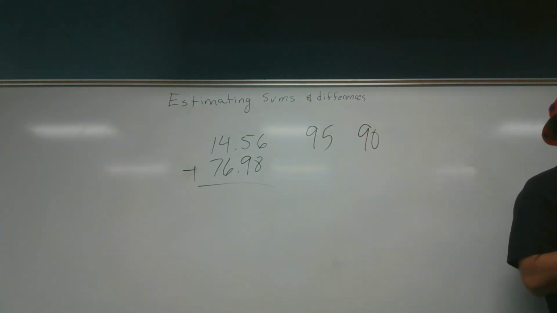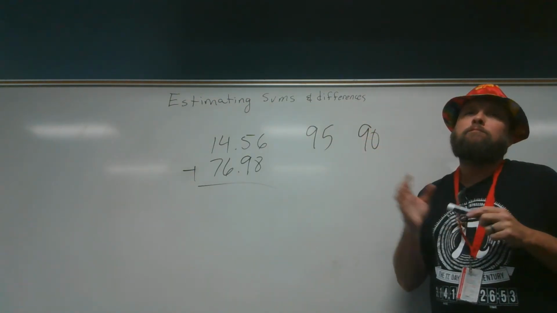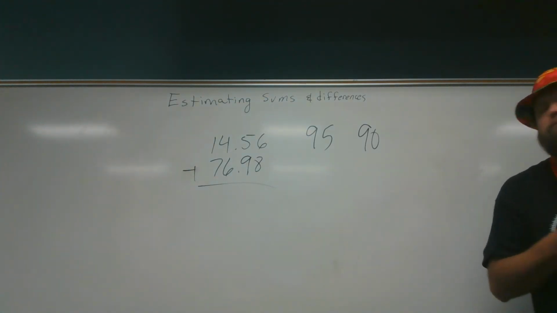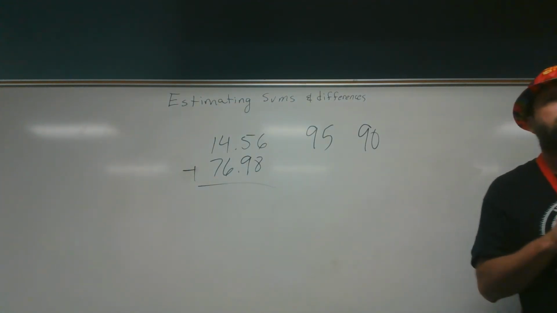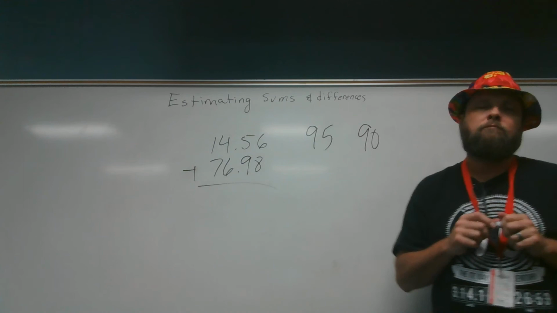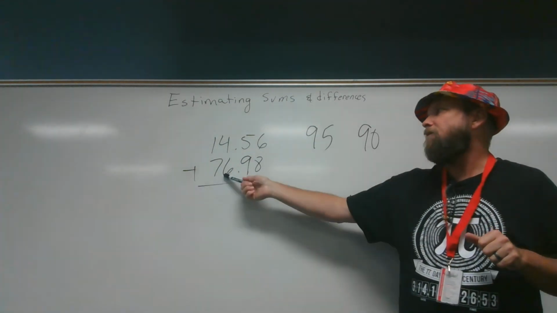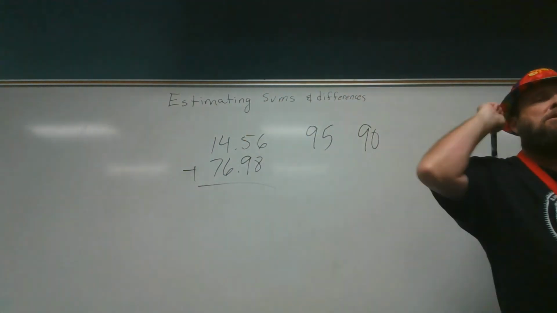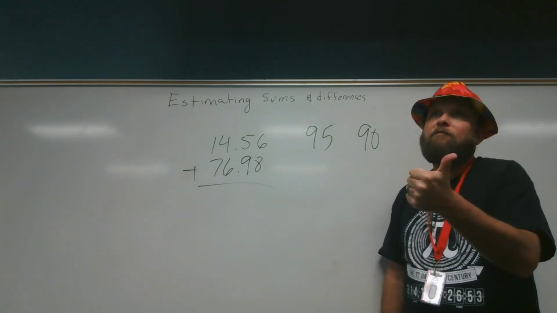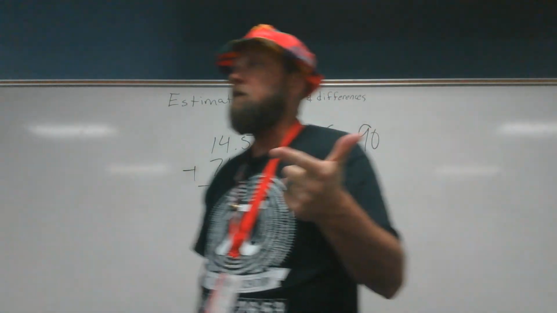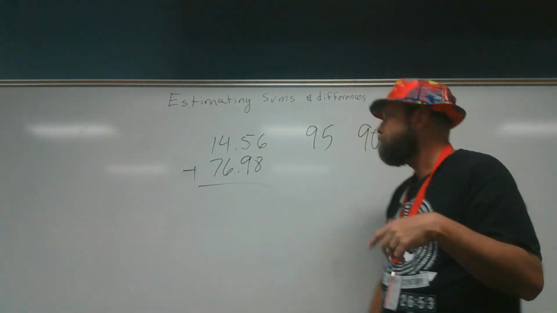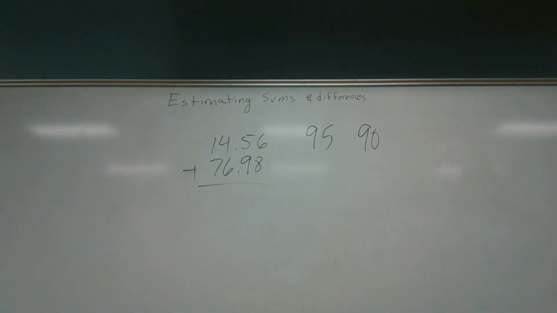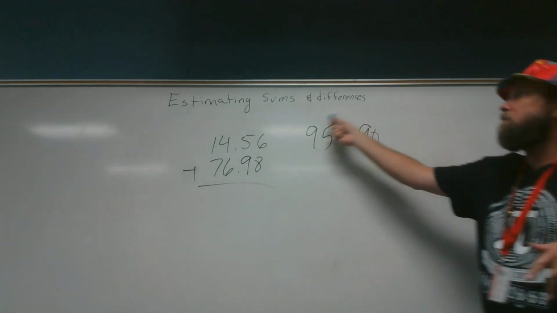Cam? I changed the 76 to 75, and then I changed the 14 to 15, and then I forgot what I got. So you had 75 plus 15, 75, 85 plus 5 more is again 90, right? Correct. So these estimates aren't the same.